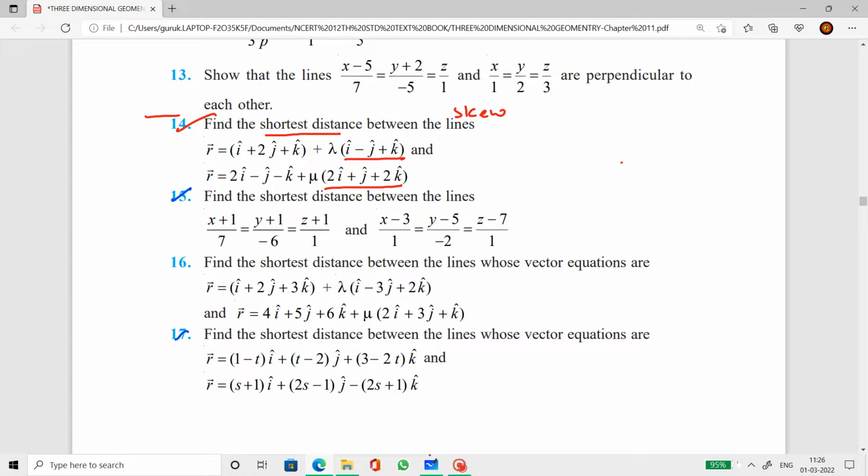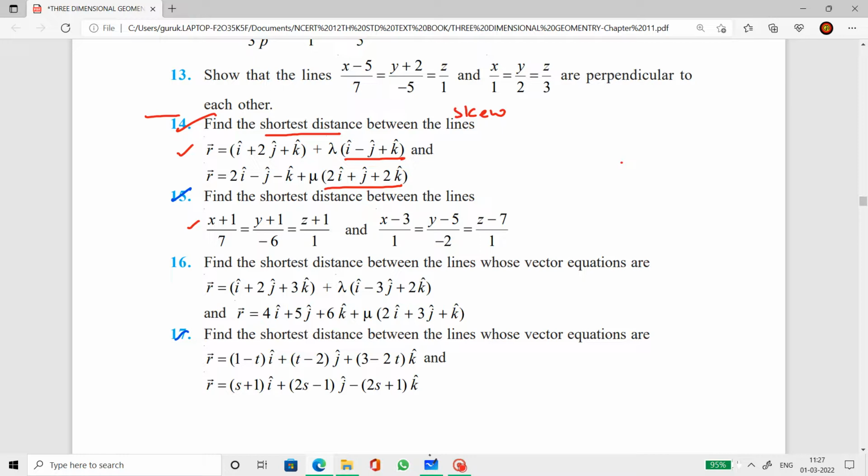Now, when you see the book, there are many formulas depending upon the form of the equation. When the vector form of the equation is given, we have a formula for that. When the Cartesian form is given, we have a formula for that to find the shortest distance. But if you ask me, that is a bit too much to memorize.